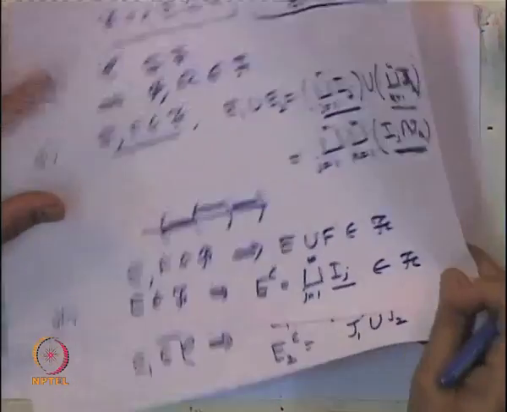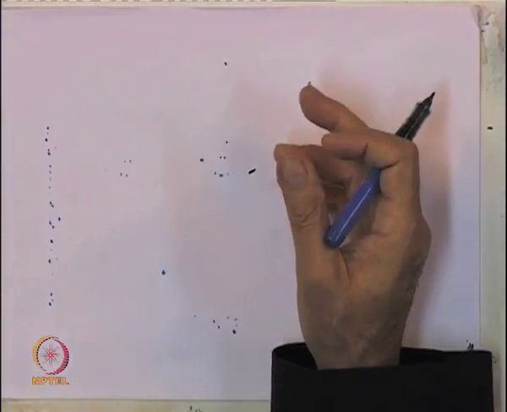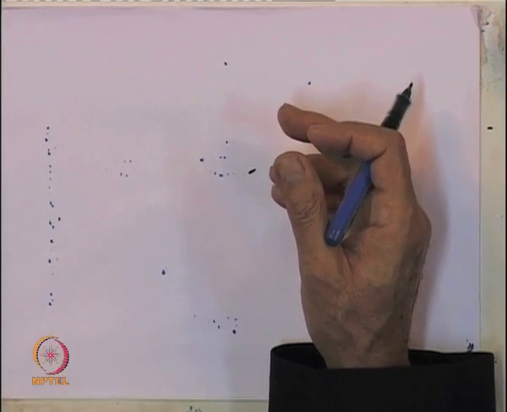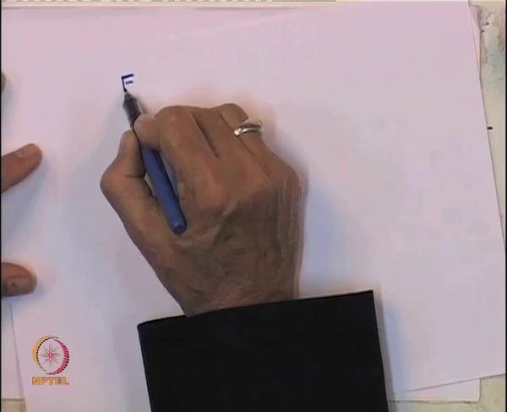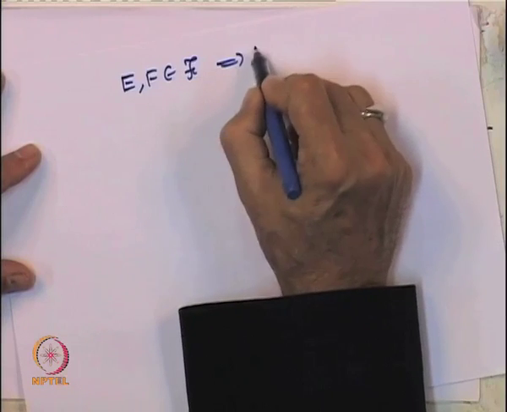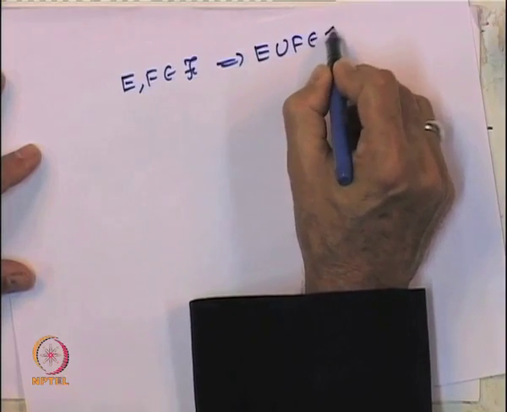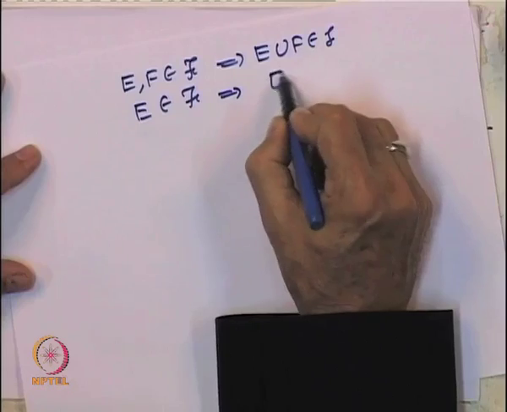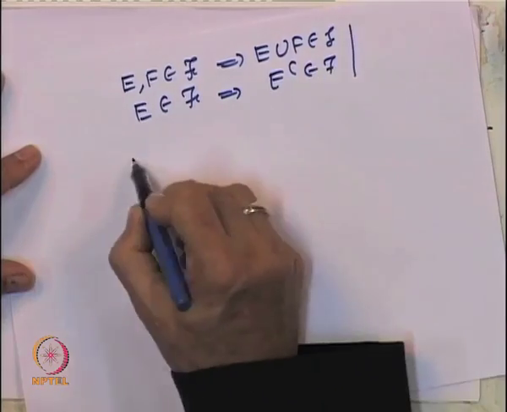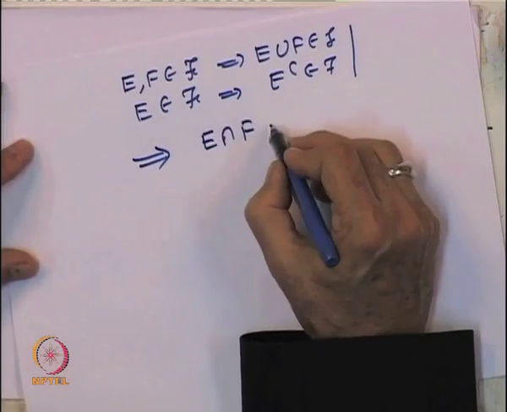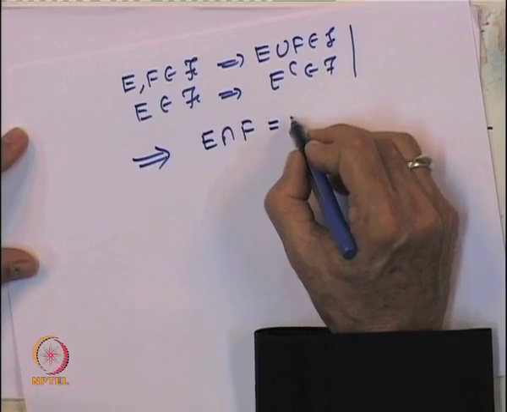Now, it is a simple matter for us to check that whenever a collection of sets is closed under unions, E, F belonging to F implies E union F belongs to it, and also E belonging to F implies E complement belongs to F, these two properties imply that E intersection F also belongs.